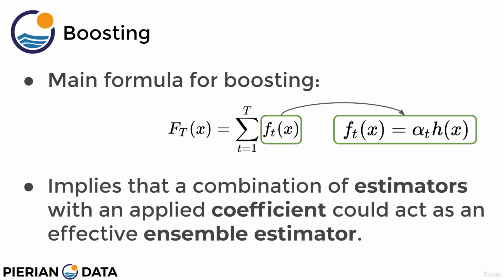So it implies that a combination of estimators with an applied coefficient to each specific estimator could act as an effective ensemble estimator. We can imagine that h of x is the result of a specific machine learning algorithm. The reason we call it h of x is because we think of this as a hypothesis.